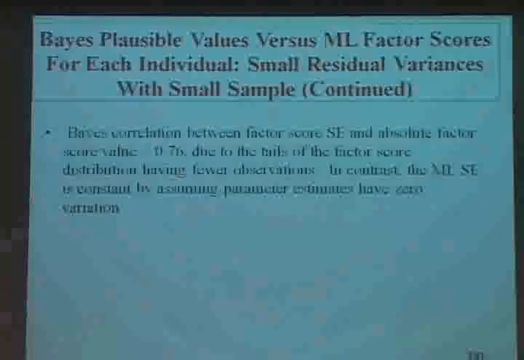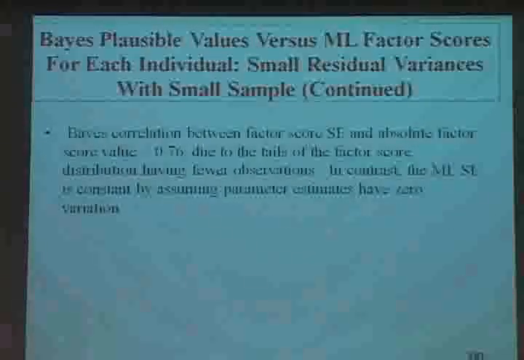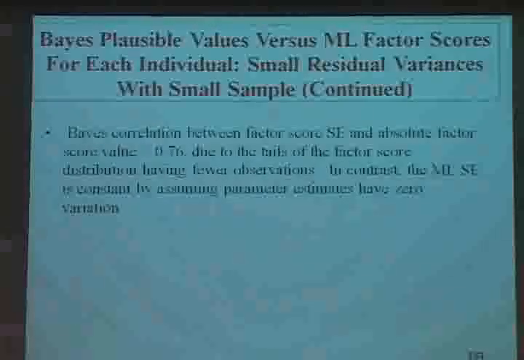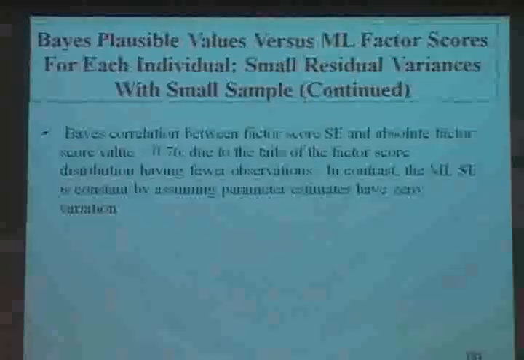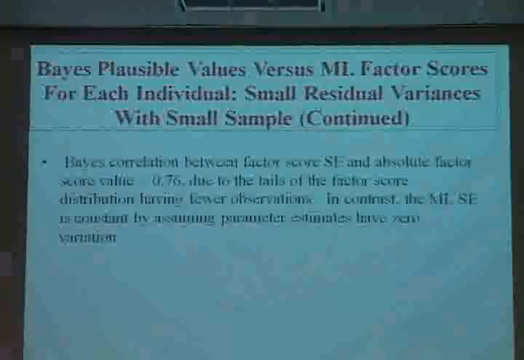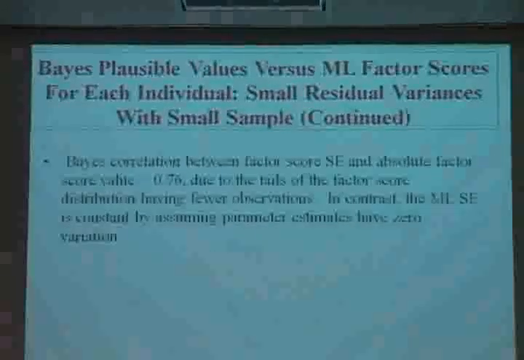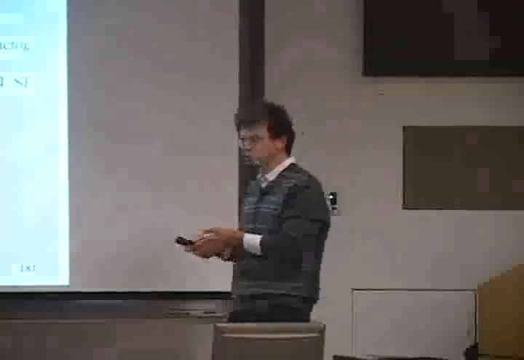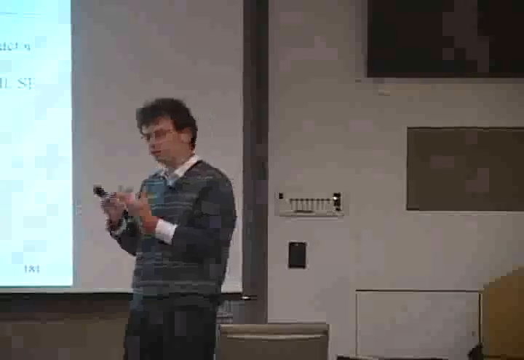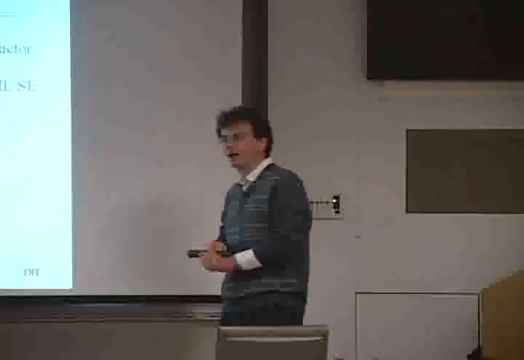One more issue that you can actually see with this example is that in ML, at least what Mplus does right now is that it produces standard errors, and those standard errors come out of simply looking at the posterior distribution, and those standard errors will be fixed. They're the same across individuals.